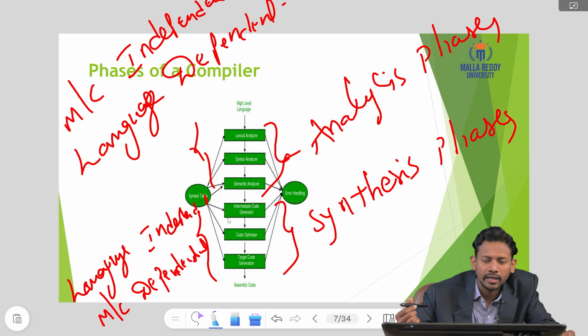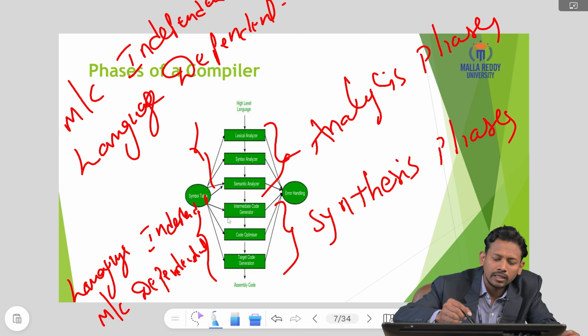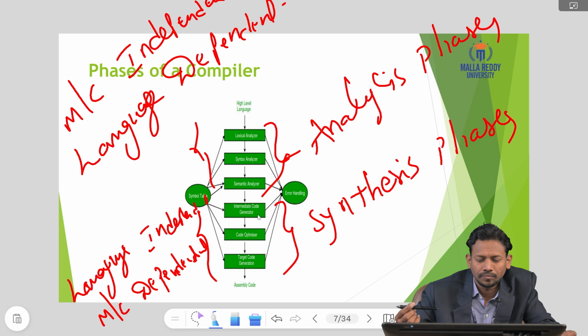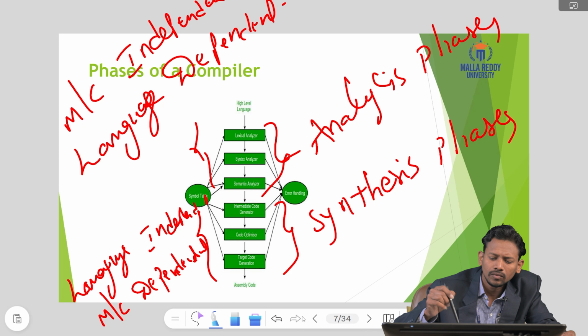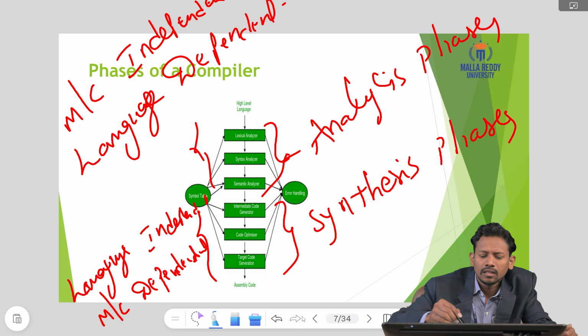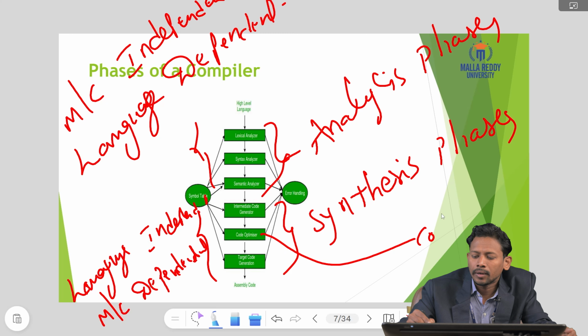Depending upon the hardware and the processor speeds, these phases will vary. Out of all the phases, the very important phase nowadays is the code optimizer.